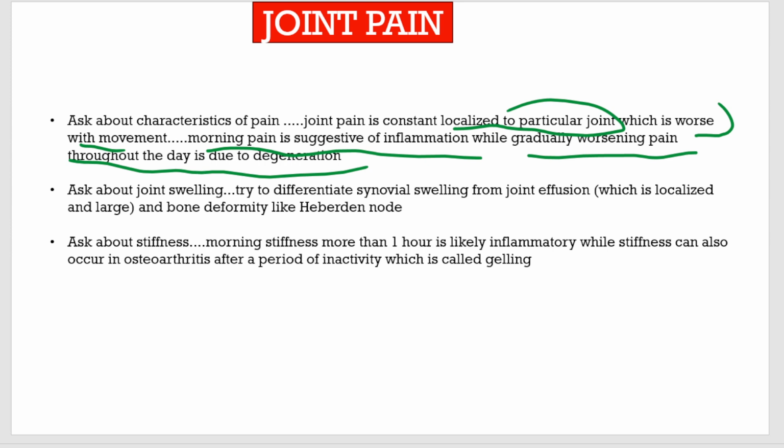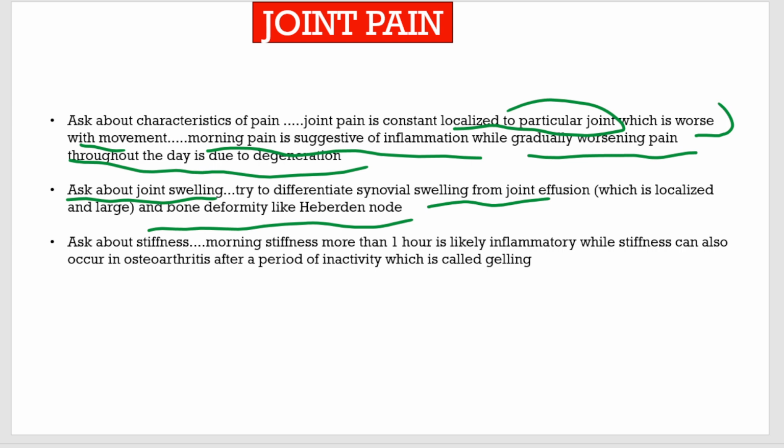Then we will ask about joint swelling. Try to differentiate the swelling from effusion, which is usually localized and large, and from bone deformities like Heberden nodes, which form in osteoarthritis at the distal interphalangeal joint. So try to differentiate it from that.